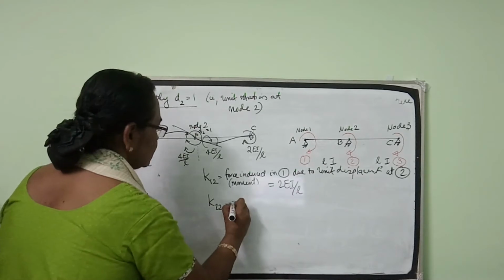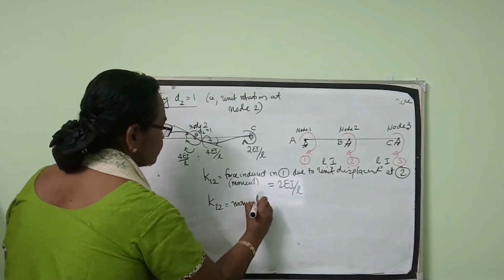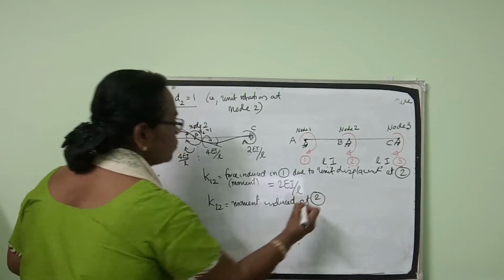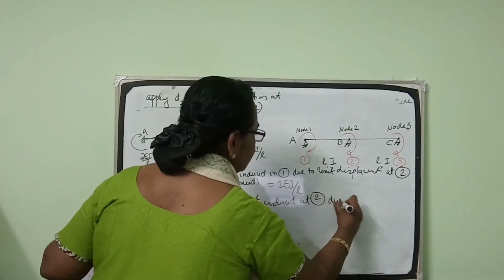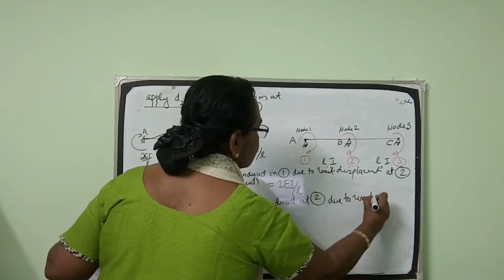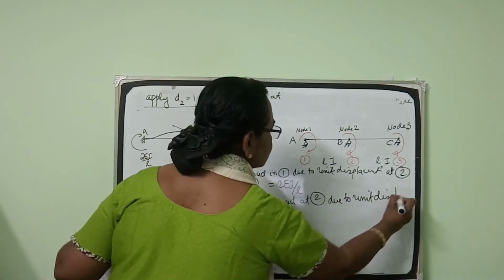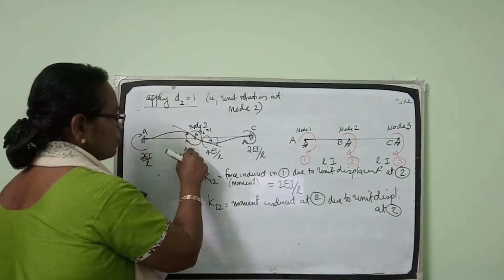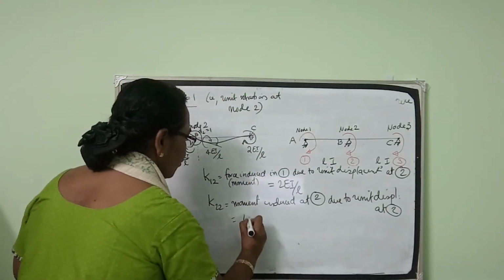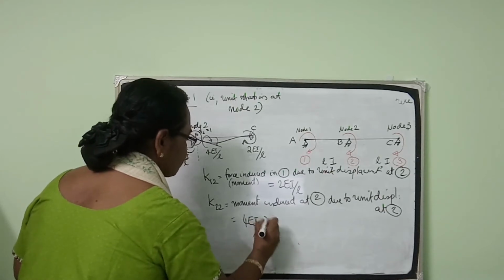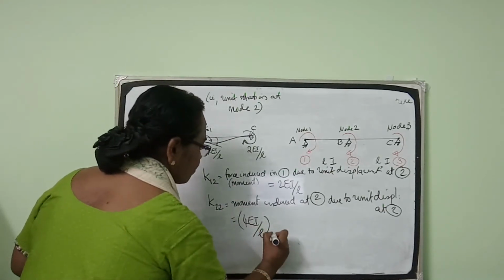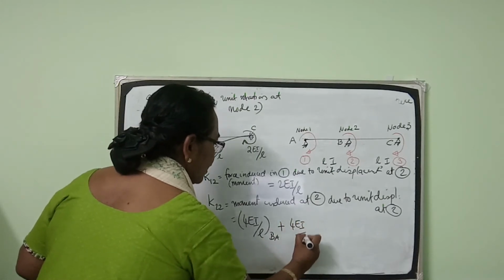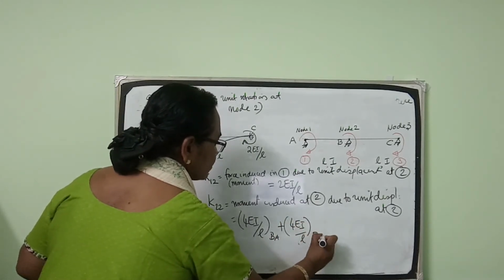K22 is force induced at 2 due to unit displacement at 2. When we give unit displacement at 2, what is the force induced here? So that will be 4EI by L of span BA plus 4EI by L of span BC.